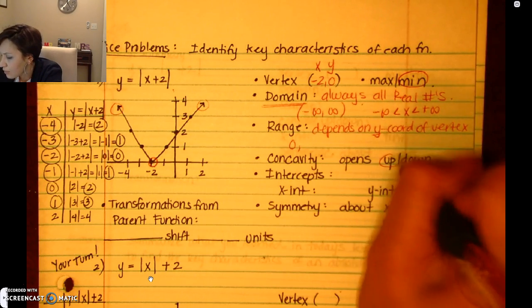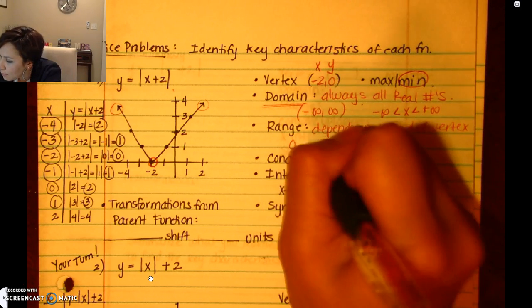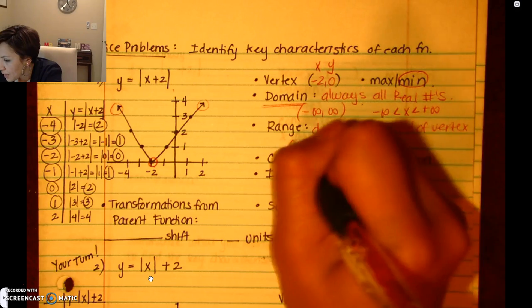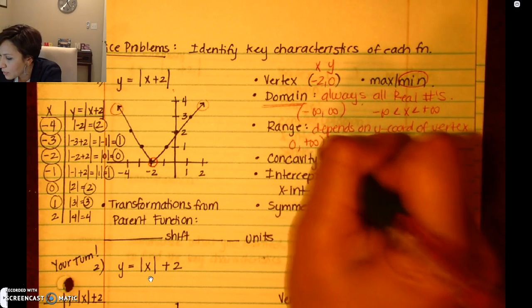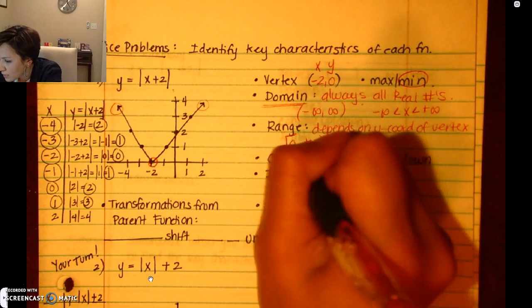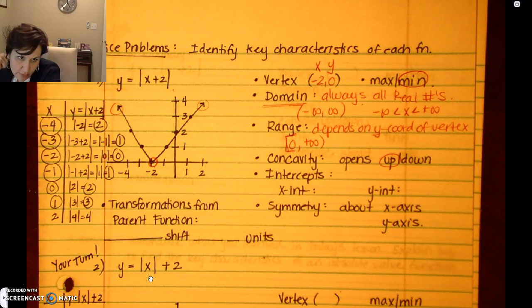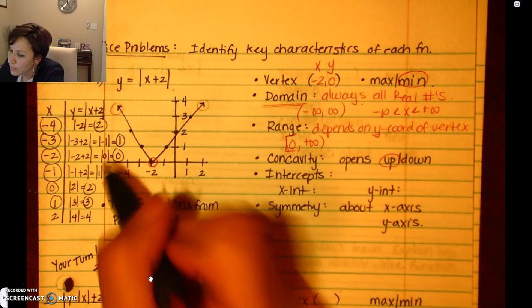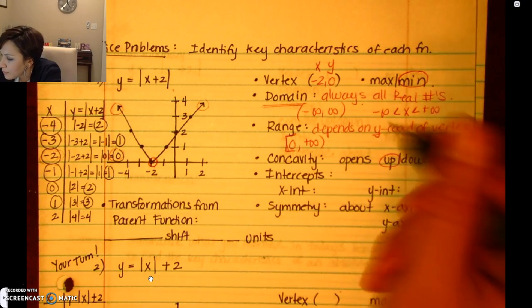Well, in this case, our graph opens up, so it's going up towards positive infinity. We never really equal infinity, so it's going to be a parenthesis, but we are equal to 0. There is a closed dot at 0 when y is equal to 0, and if you look at your table, the point actually exists at -2, 0.